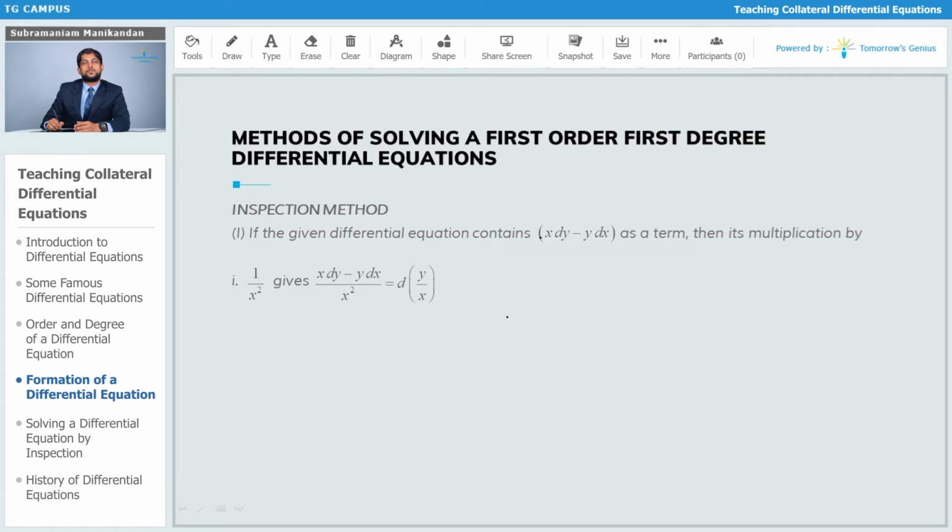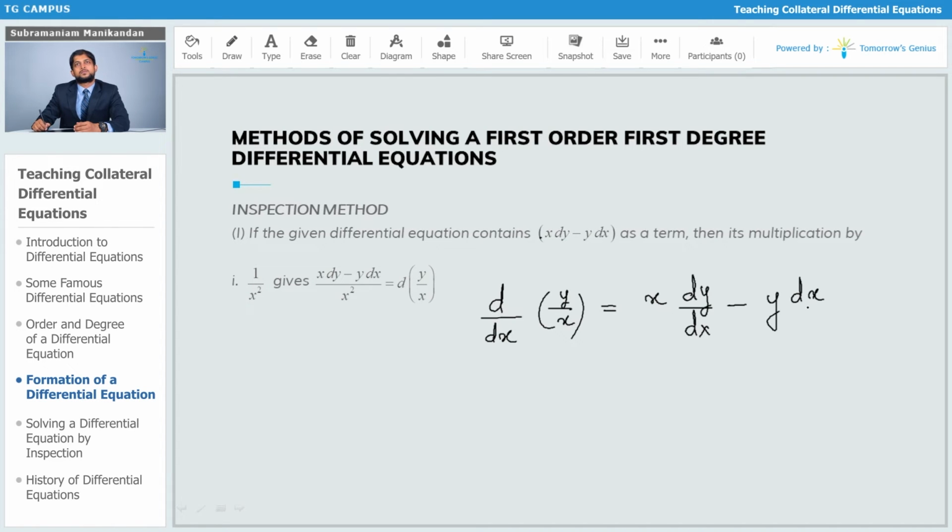Well, if you are asked to differentiate with respect to x the term y upon x, where x is the independent term and y is the dependent term, by quotient rule you get x dy by dx minus y dx upon dx divided by x square.